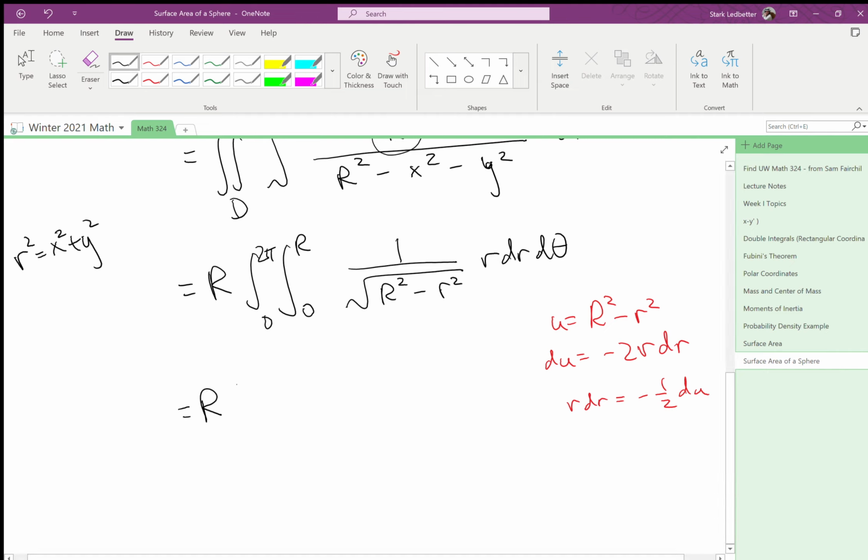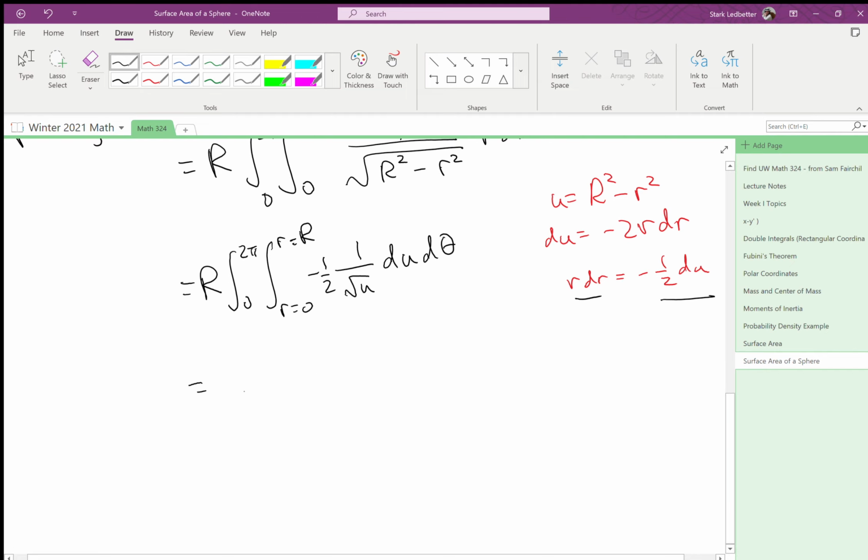I have a big R out here, integral from 0 to 2 pi, currently integral from 0 to big R. I'm just going to remind myself that these are bounds for little r equals 0, little r equals big R. And then this is 1 over the root of u, and then r dr was negative 1/2. Okay, so I have a negative 1/2 out here, du, d theta.